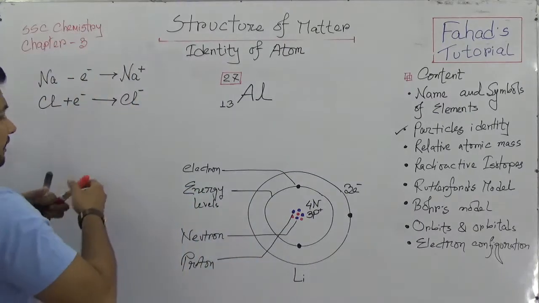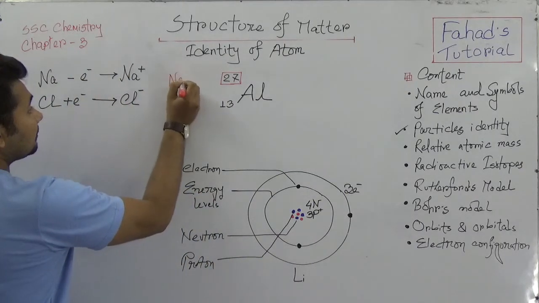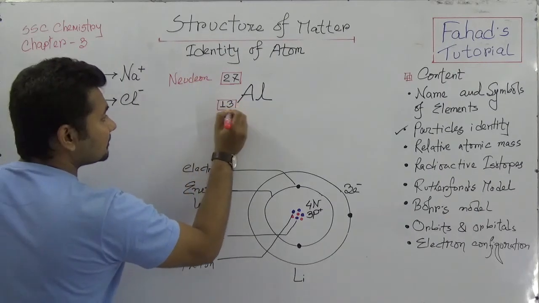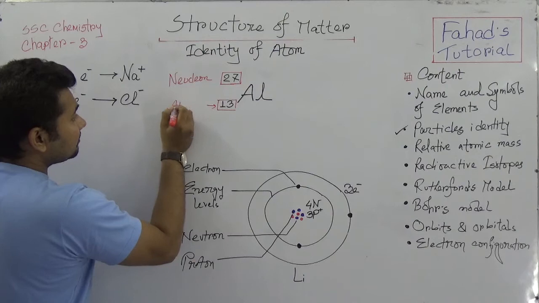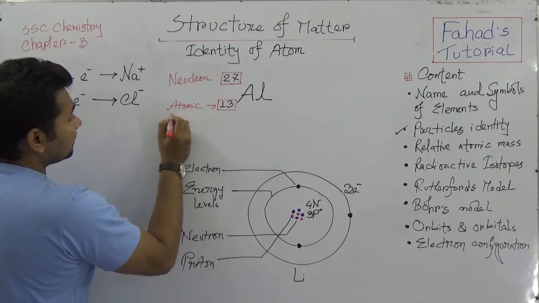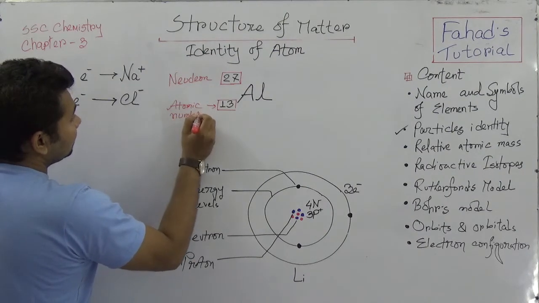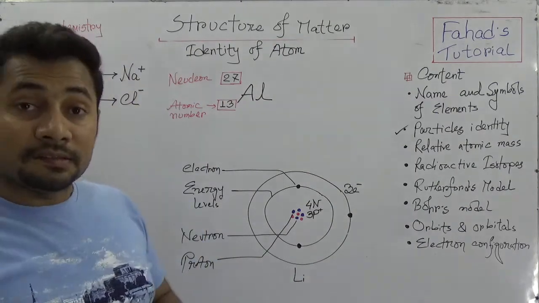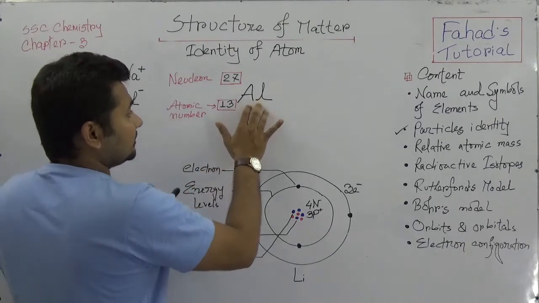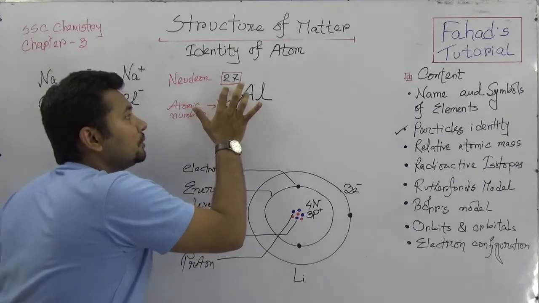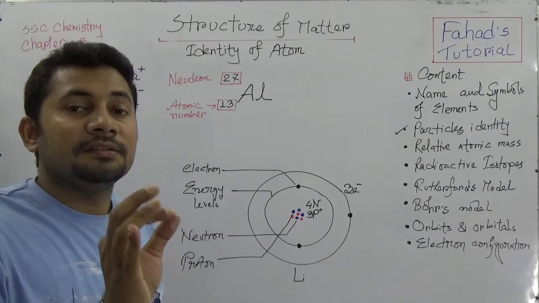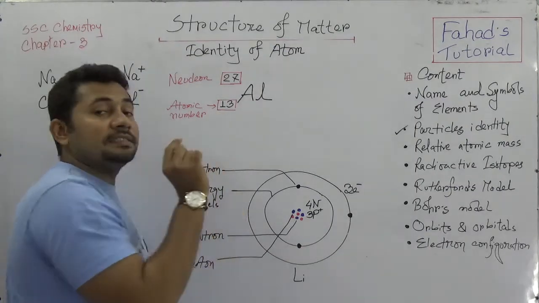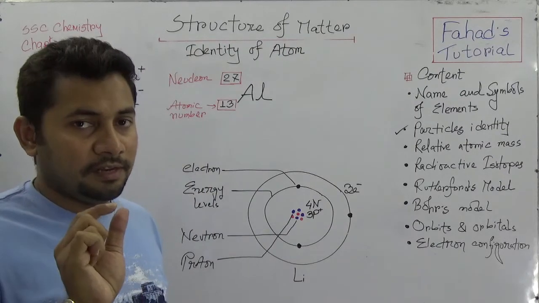And this 13 is the atomic number. So 27 is the nucleon number of aluminium and 13 is the atomic number of aluminium.